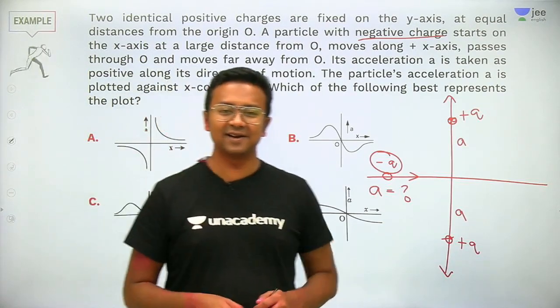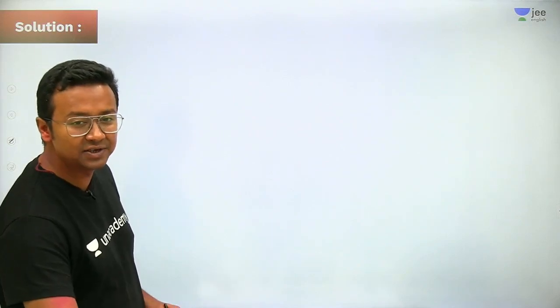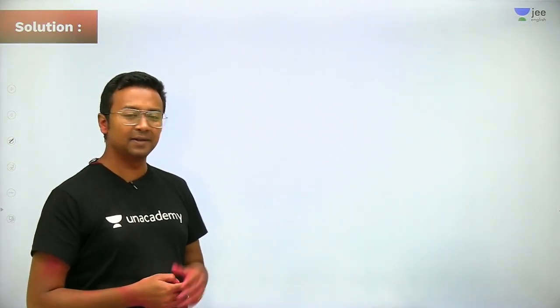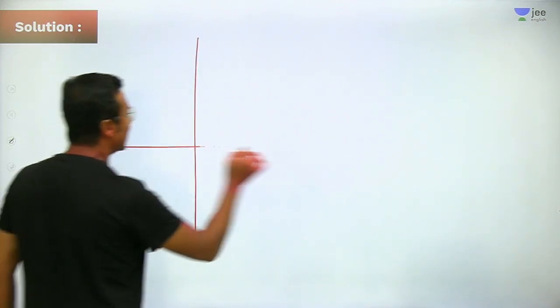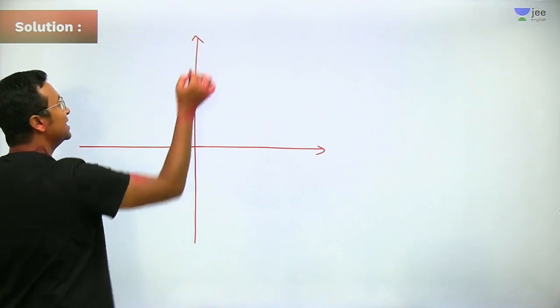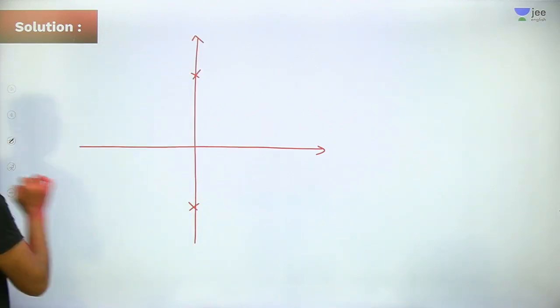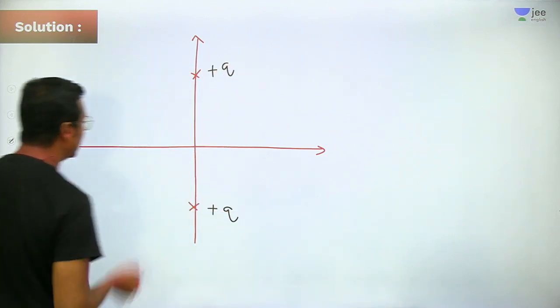Let us try to understand it. Now we will do one thing. We'll take a fresh page here and try to explain to you that what exactly is happening. Okay, now see this. I'll draw the x and y axis at this particular point. Let me choose a different color here. So you have plus q here and a plus q here.